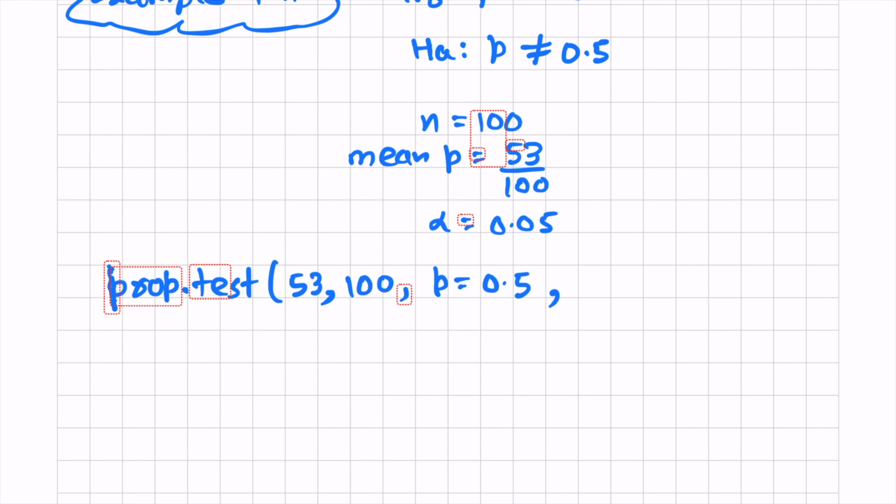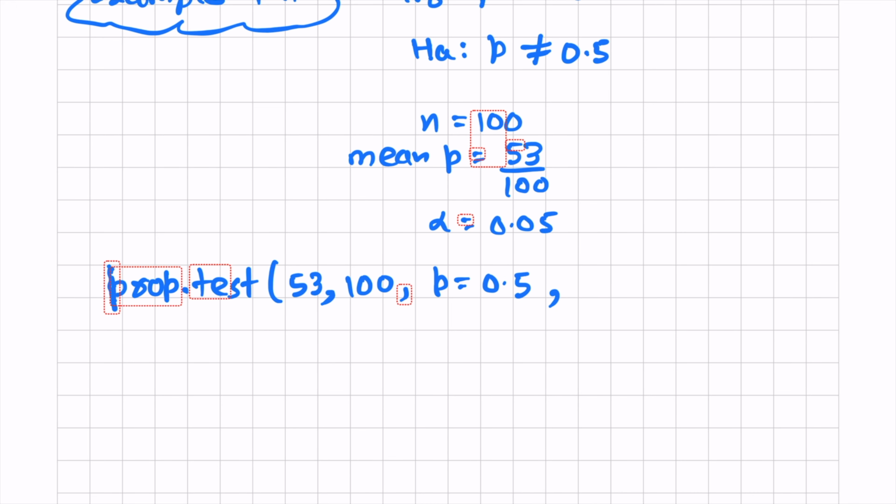We will use prop.test for a proportion test. If you need to see what it means, you can use a question mark with prop.test, and the fourth window becomes the help window, and it provides details of each feature or attribute within this function. It also provides some examples.